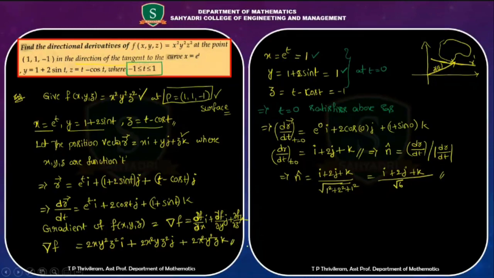Okay. So this is the given value and we need to find del f at this point. Okay, so let us find it again.